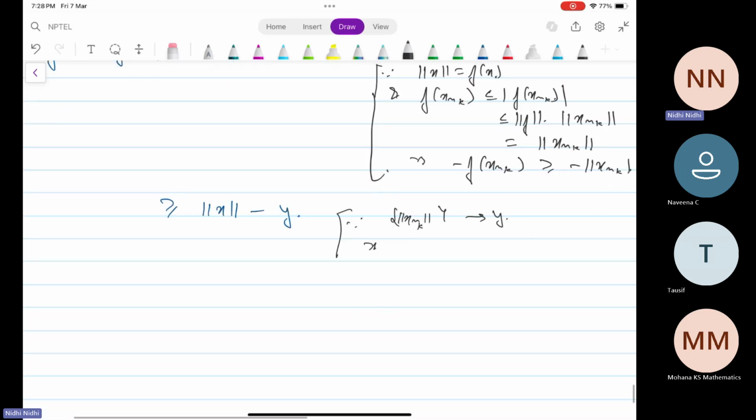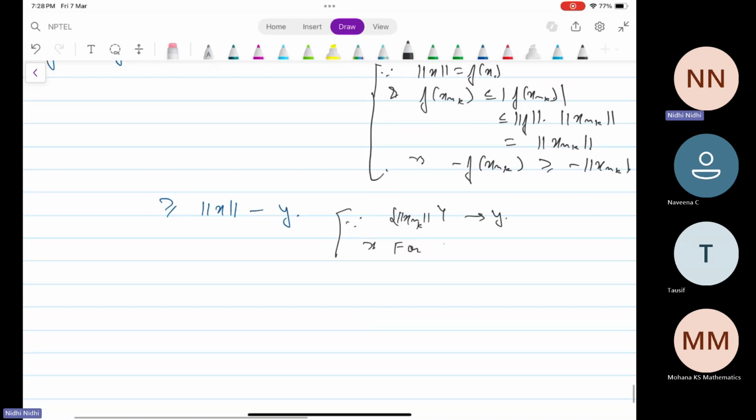This implies for every epsilon positive, there exists some k naught in N such that minus epsilon plus y is strictly less than norm xnk is less than epsilon plus y for every k greater than or equal to k naught.